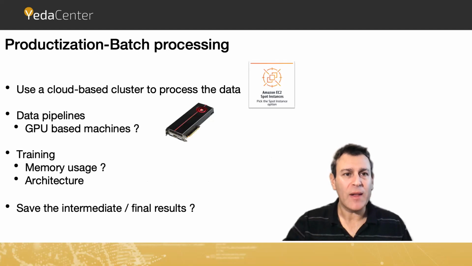So the offline learning, the batch processing, as we mentioned, needs a cloud-based cluster to process the data. This cloud-based cluster, as I mentioned in the previous slide, requires some master node.